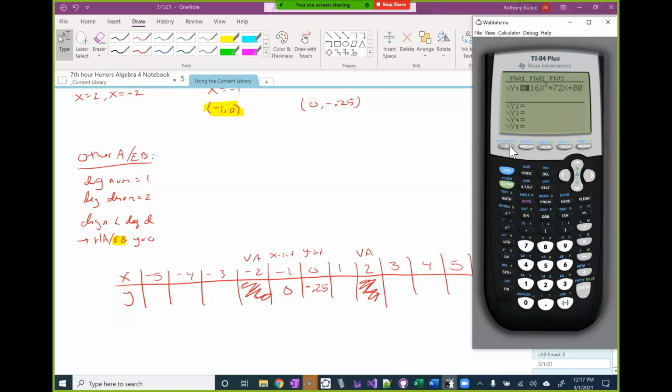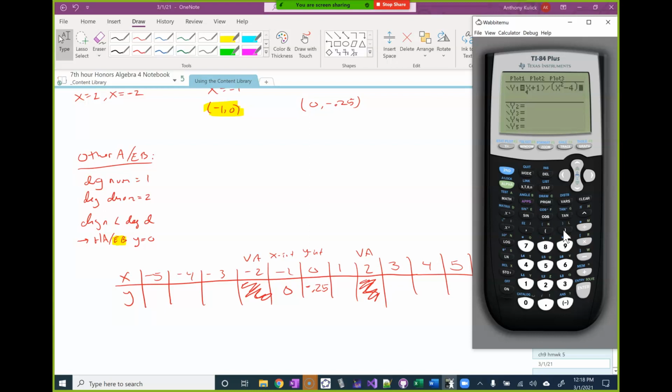But what I'm going to do is go to the y equals menu, clear out what's there, and do the numerator, which I think was x plus 1, in parentheses, divided by the denominator, in parentheses, x squared minus 4. I made sure to put the whole numerator and whole denominator in parentheses.